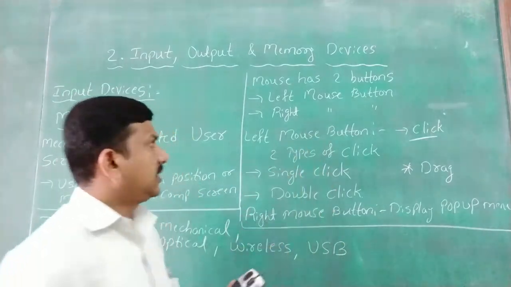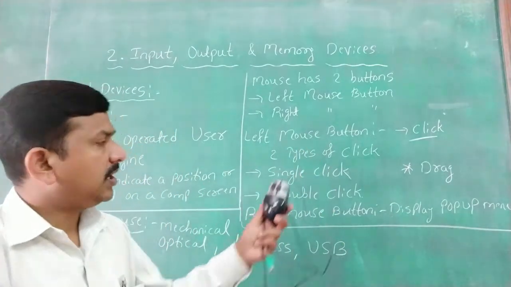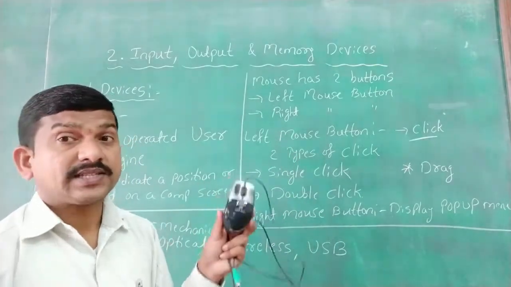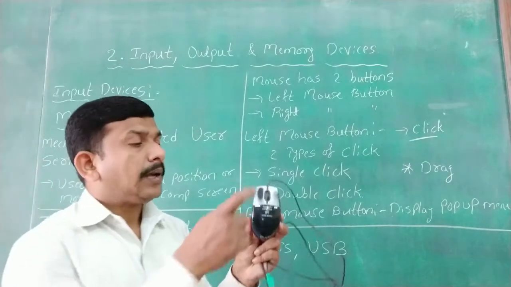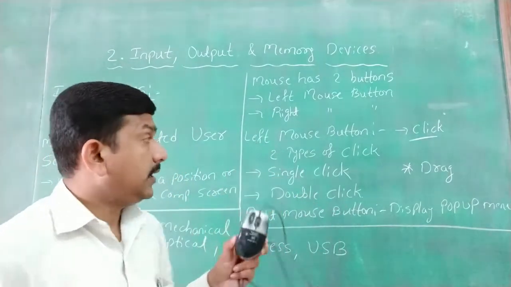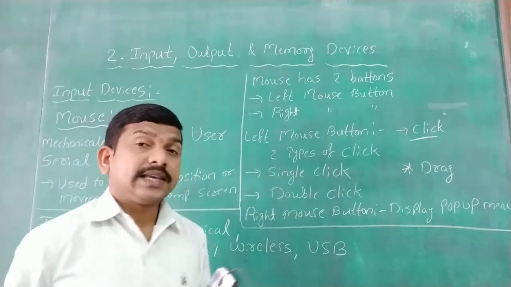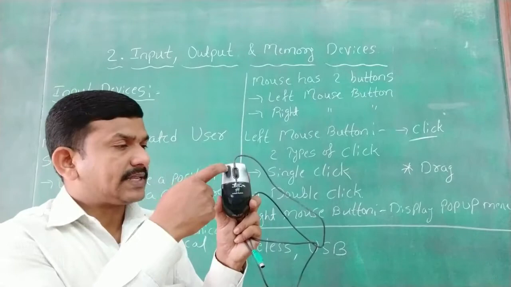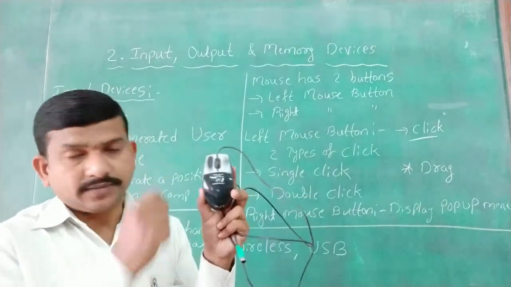So we are discussing the left mouse button, and with the help of the left mouse button we click. So click means what? Press and release the left mouse button. Then there are two types of click, single click and double click. Single click means only once, press and release the left mouse button.